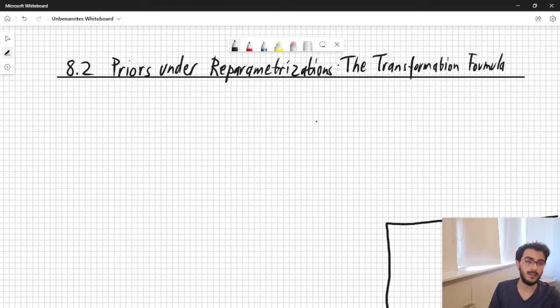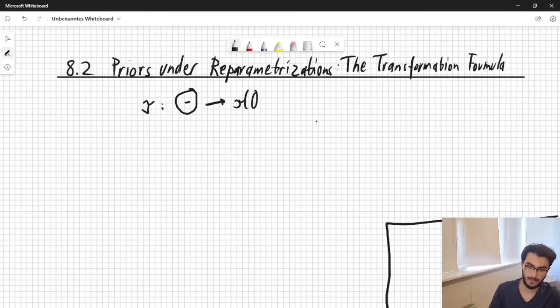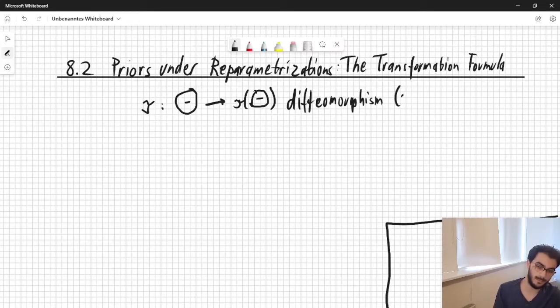The coordinate transformation formula, as I said, you most likely know it. It's given for a very general function, tau, which goes from theta to somewhere else, to its image. And this is a reparametrization. In mathematics, it's enough to say that this is a diffeomorphism, which just means that this is differentiable, invertible, and its inverse is also differentiable.